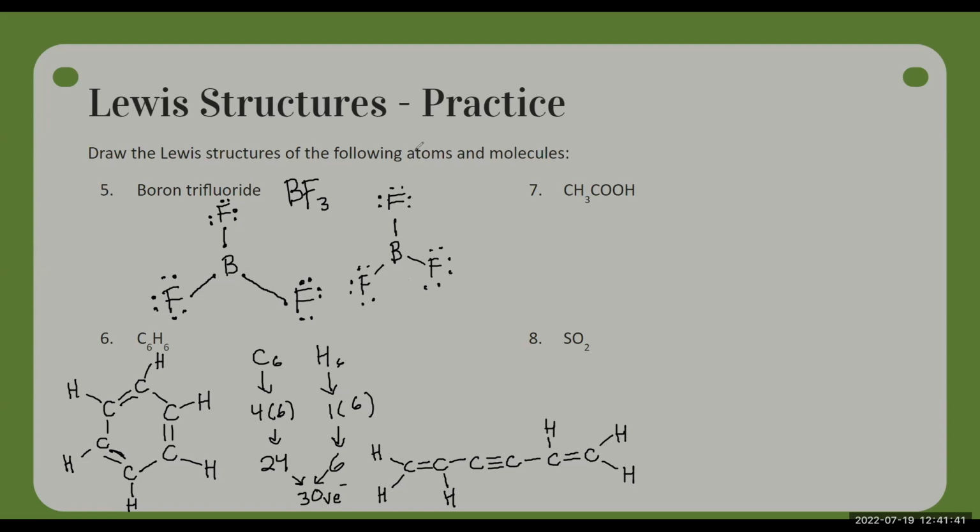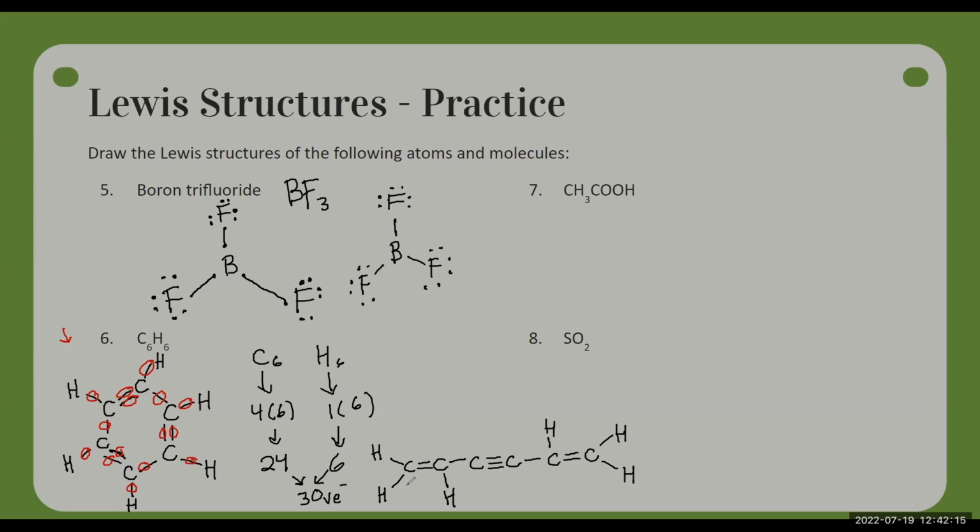So if we were to do a little count, we can count the valence electrons on this structure on the left, benzene. We can do 2, 4, 6, 8, 10, 12, 14, 16, 18, 20, 22, 24, 26, 28, and then 30. So that's how we know that the structure of benzene is correct.